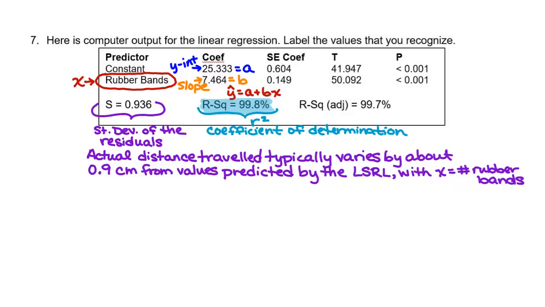So the standard deviation of the residuals tells me that the actual Y typically varies by about whatever S is from the values predicted by the least squares regression line, where X is the number of rubber bands.